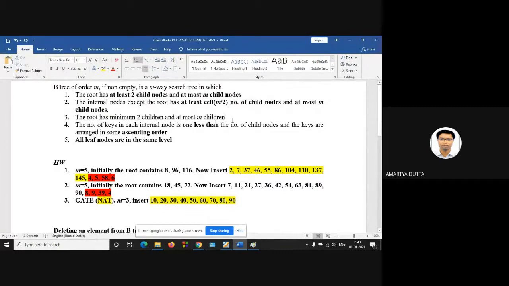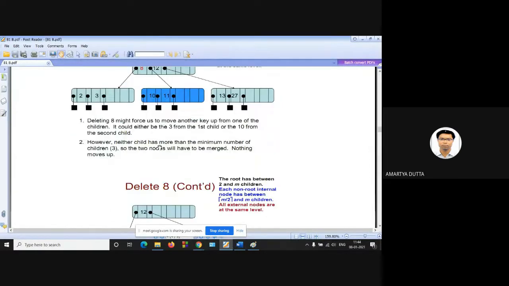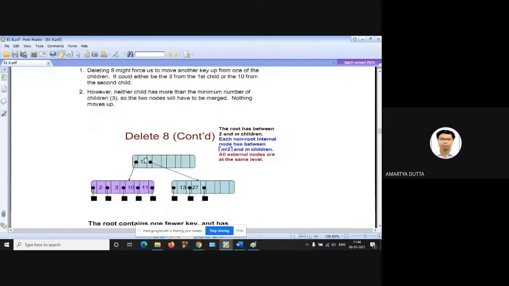So delete 8 means just simply delete 8, because 12 will be the key and your root contains 2 children, this one the first child and this one the second child. These circles denote the children.